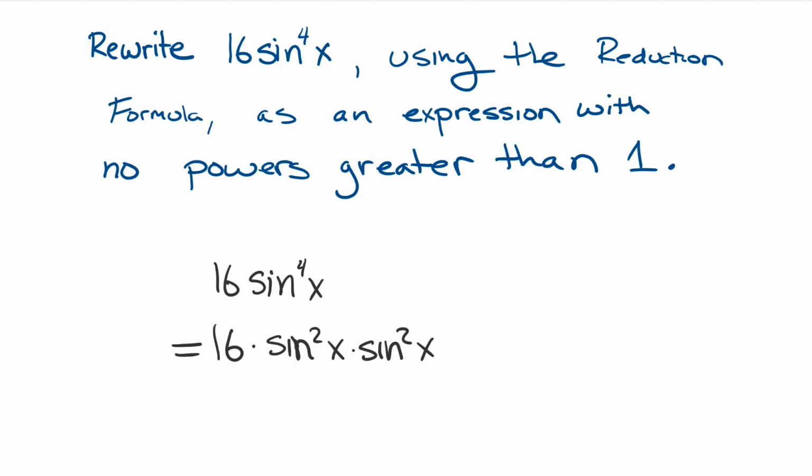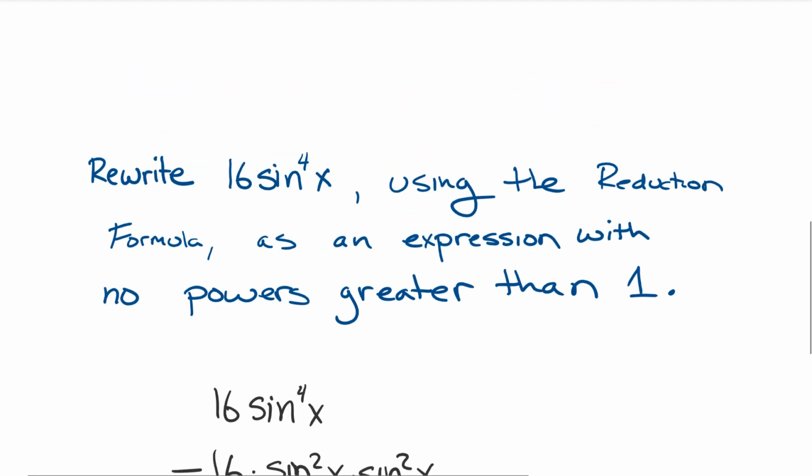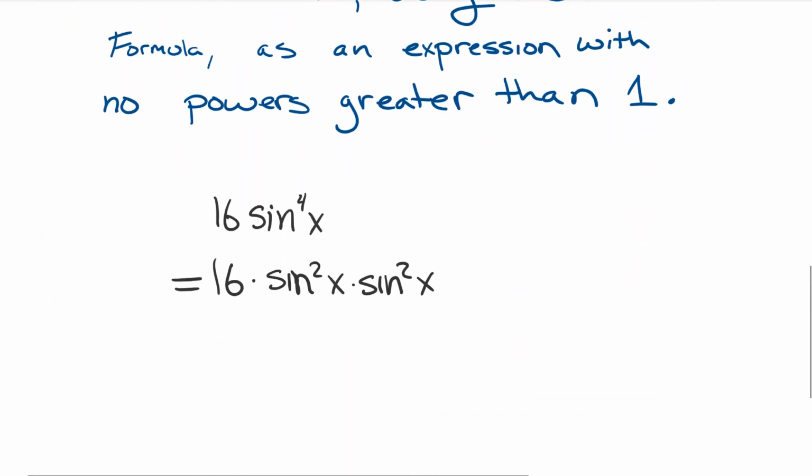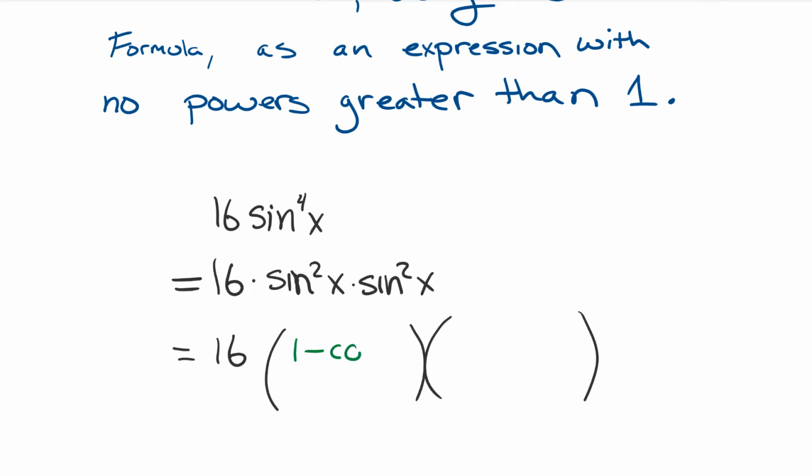Now, we have a formula for sine squared of x, right? 1 minus cosine of 2x over 2. So we're going to replace both of them with what they equal: 1 minus cosine of 2x over 2, times 1 minus cosine of 2x over 2.